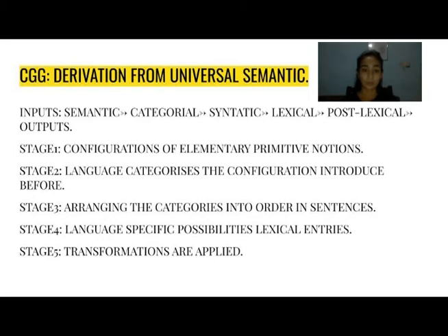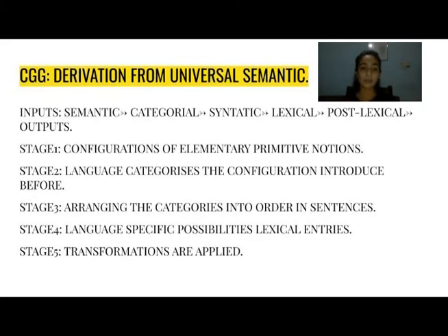Okay. Then we got the following stage, which is number 4, and here, in accordance with language-specific possibilities, lexical entries from the dictionary are inserted into the syntactic frames specified at stage 3 and are called major lexicalizations, as for example nouns, adjectives, verbs.